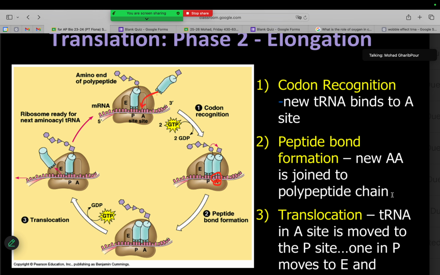So it comes in there, binds, and then a peptide bond is formed at that active site. So at the P site, this is where we're adding. We put the long chain onto our new amino acid.